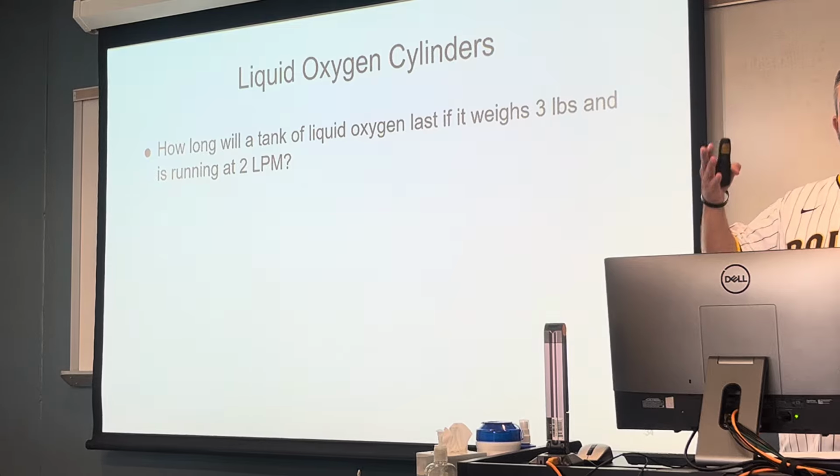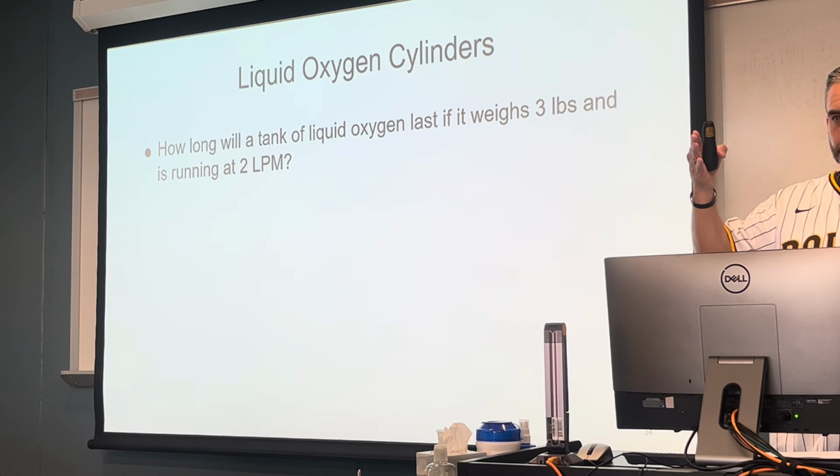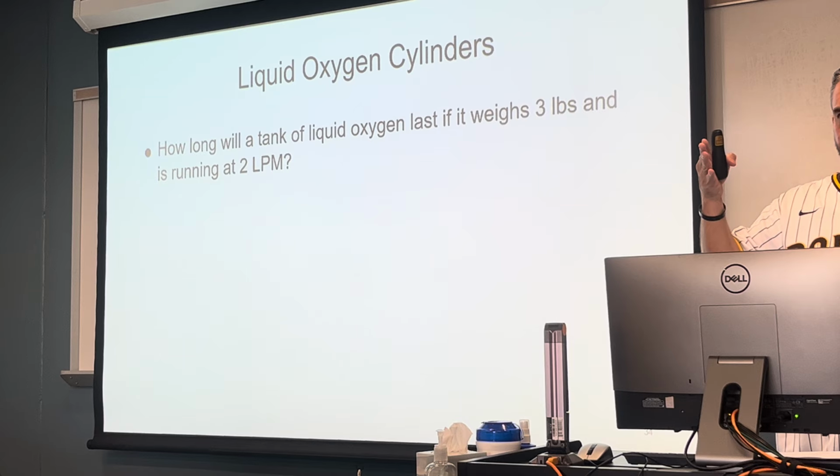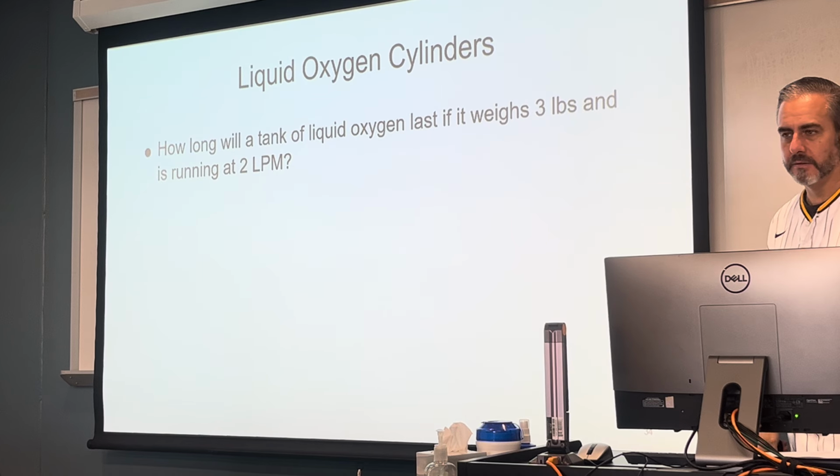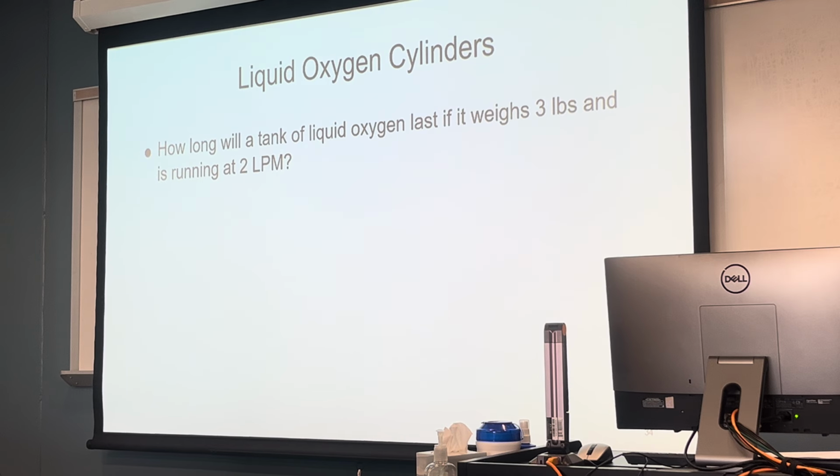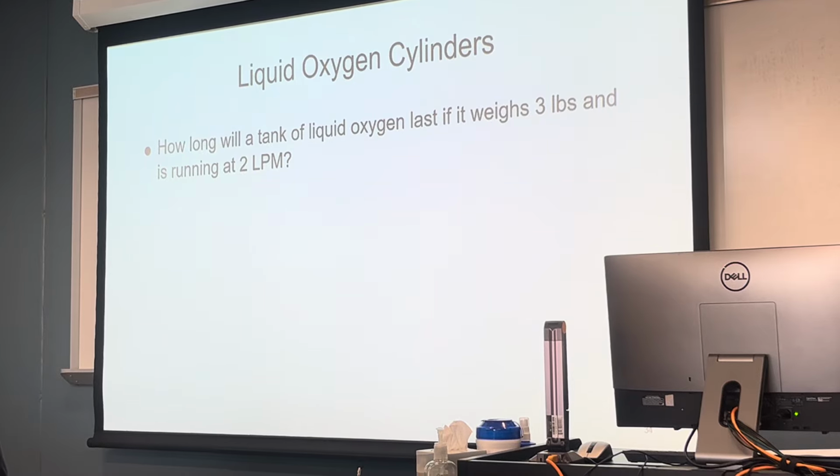That's gonna tell me how many liters of gaseous oxygen is present in that 3-pound liquid oxygen tank. Again, when we get to the end, our answer is going to be in minutes. And because it's liquid O2, it's probably going to last a whole lot longer than gaseous O2.